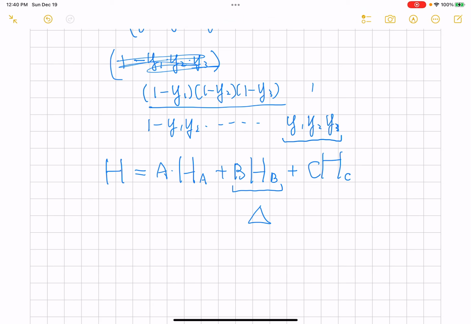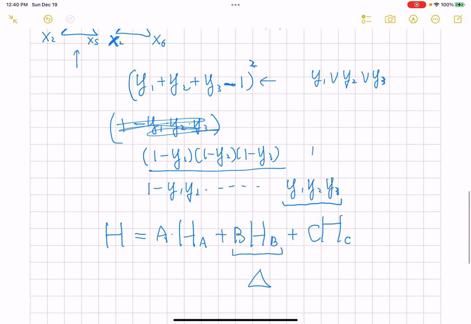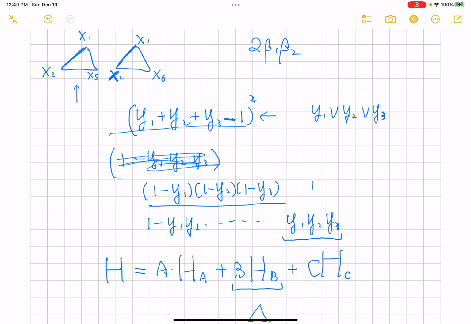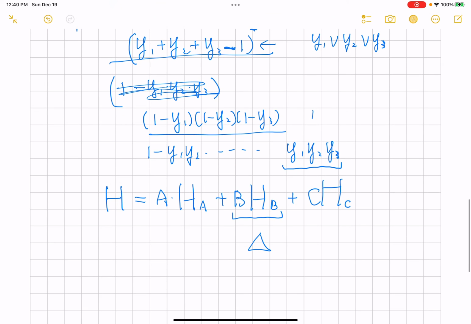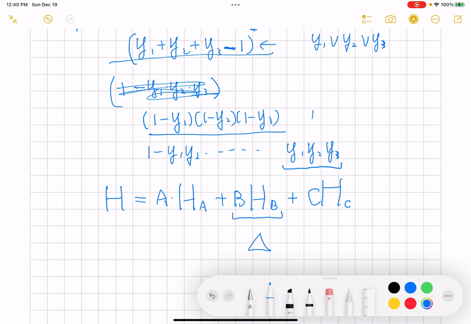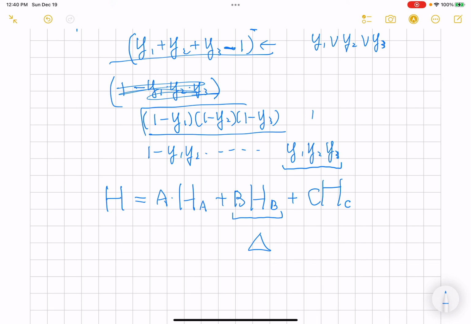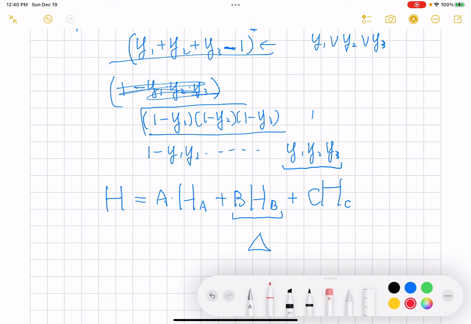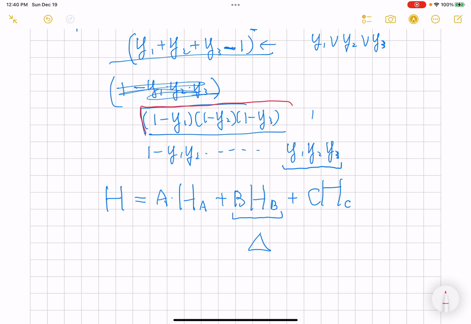Then that HB term is this. We want to swap that out with this term, with this red box.